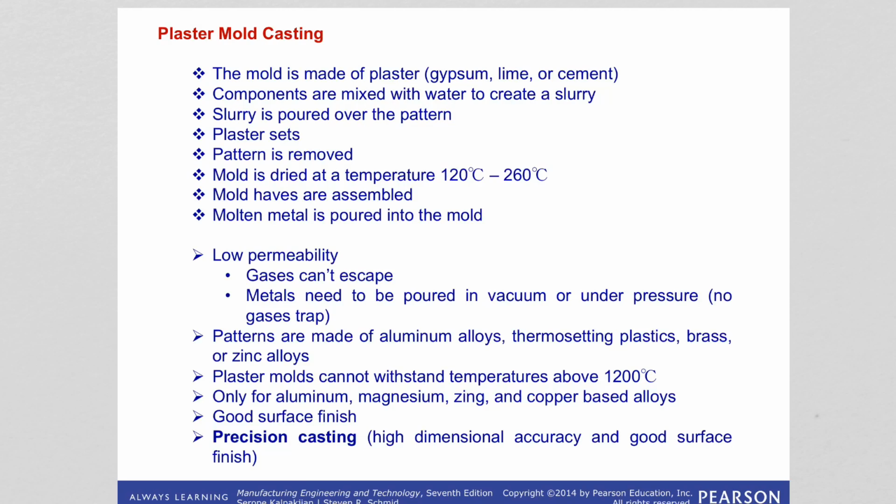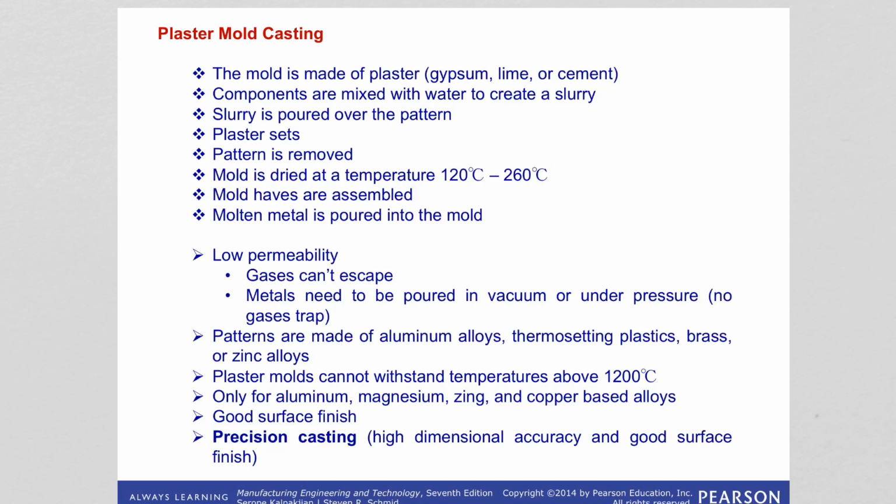So in the plaster mold casting, the mold is made of plaster, which is the mixture of gypsum, lime, or cement. So components are mixed with water to create a slurry. Slurry is poured over the pattern and the plaster sets.